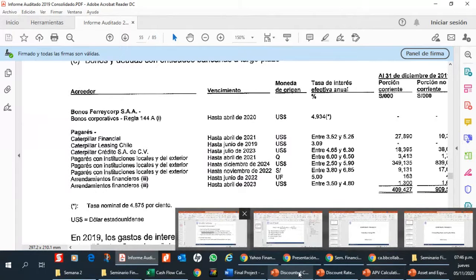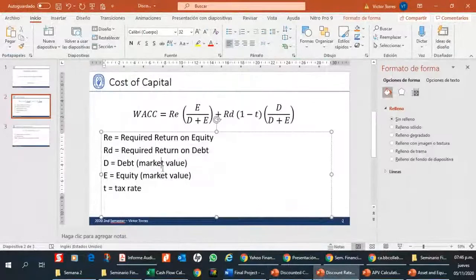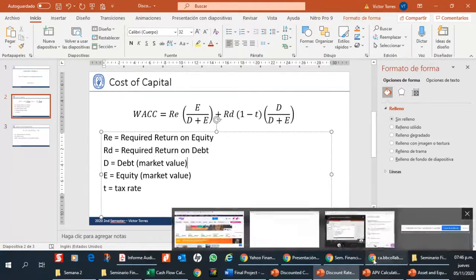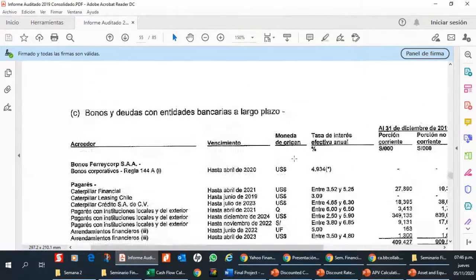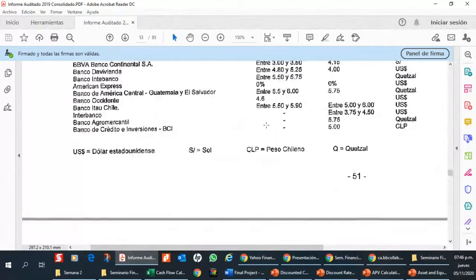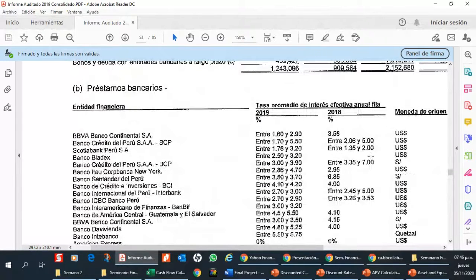But coming back to what I wanted to highlight: we were looking for the market value of the debt. And here we're going to have a problem, and you're going to observe that problem many, many times. The notes and the loans from the banks are not going to be at market value.